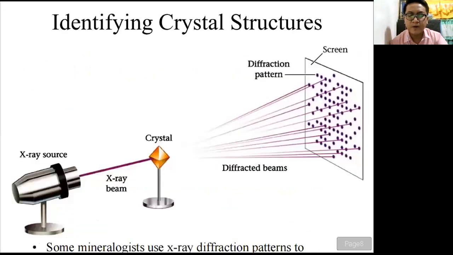Next po natin, to identify the crystal structures. Mapapansin po natin on the illustration, we have the X-ray source, the X-ray beam, the crystal. So to identify what is inside the crystal is to illustrate on the screen the diffraction pattern. And then may mga dot na lang siya, diffracted beam. And then magkakaroon ng diffraction pattern on the screen itself, okay?